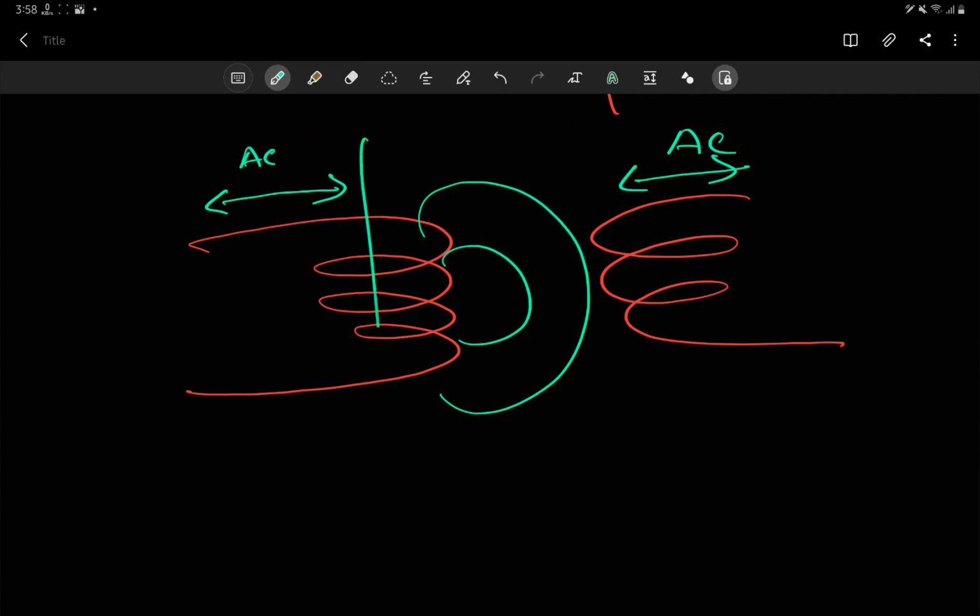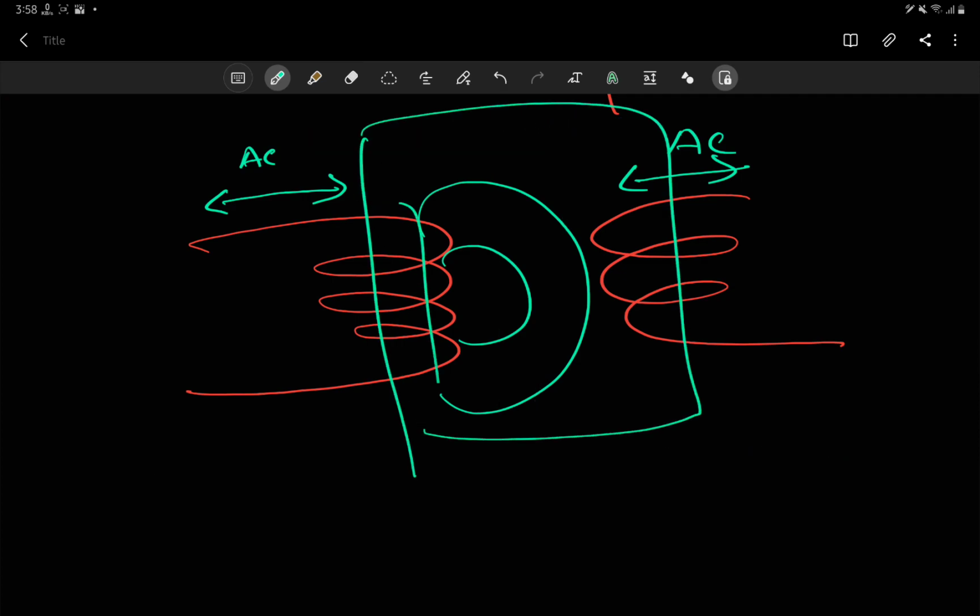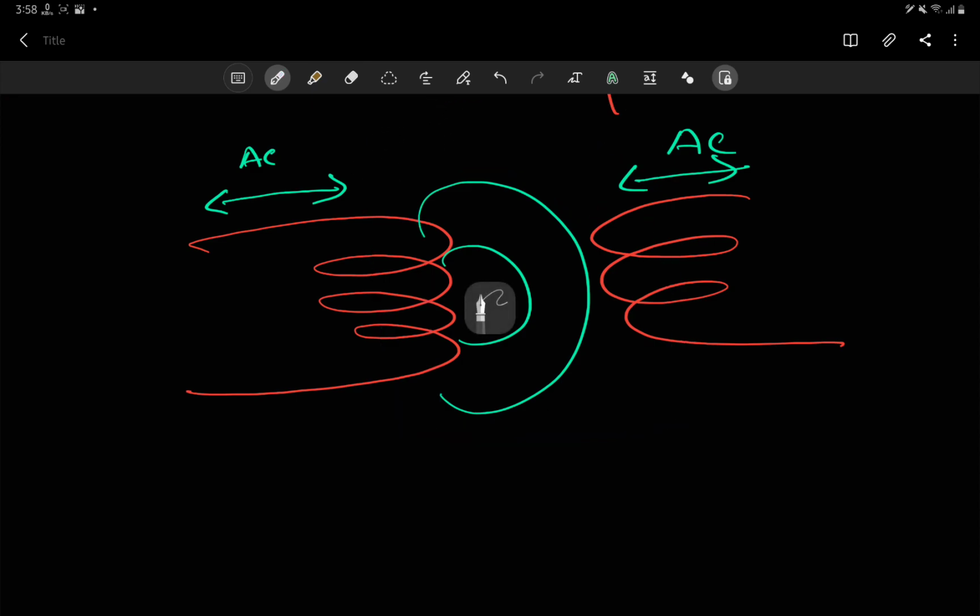But in transformers, this whole thing is actually just one device. Either way, what's important is the fact that there is a back and forth between electric energy and magnetic energy. And since we know that energy is conserved, we can actually use this technique.